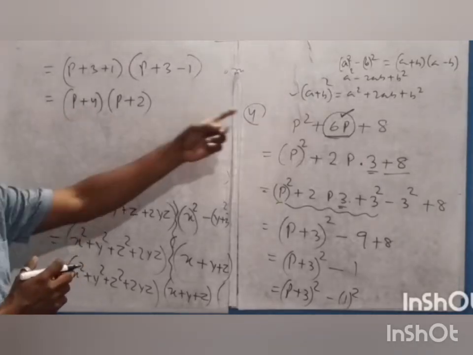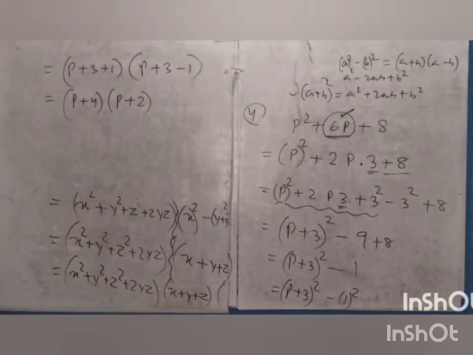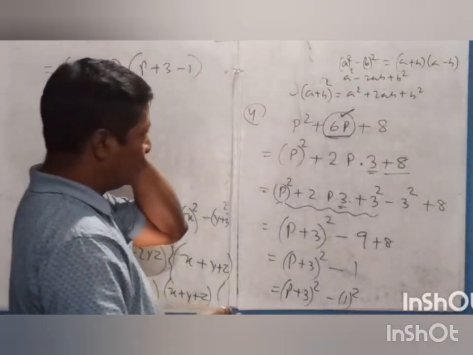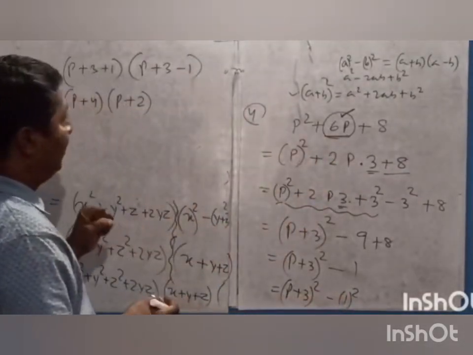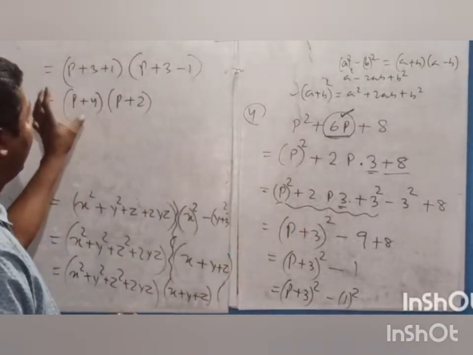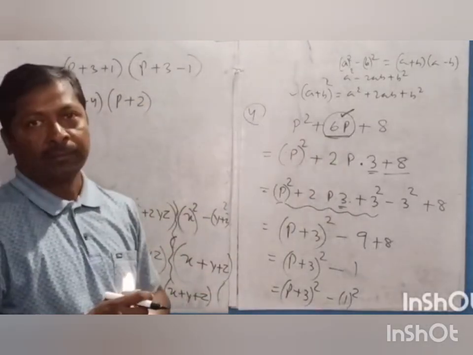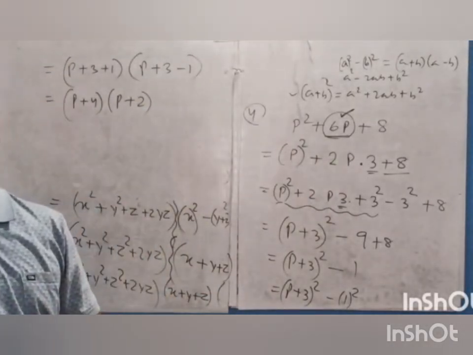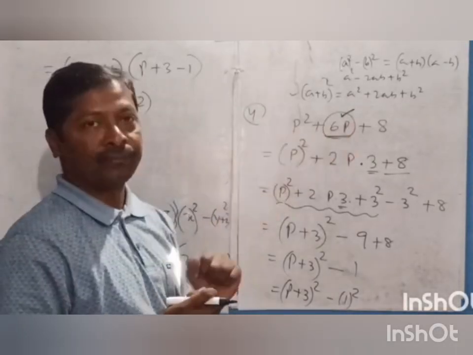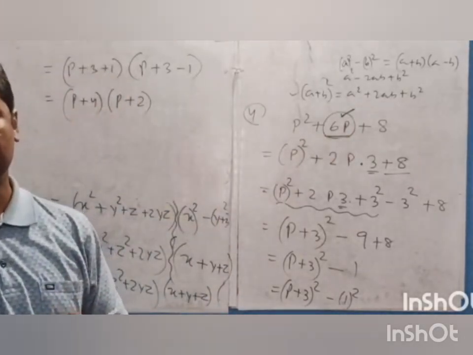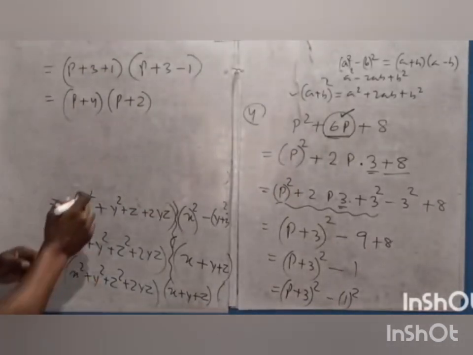This is the factor of this one. So if there is such type of question, then proceed in this way to get a perfect solution of two factors, because this is a quadratic equation. So there are two zeros or two factors as the answer.